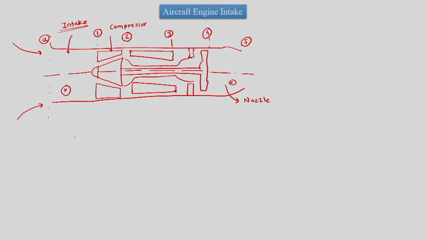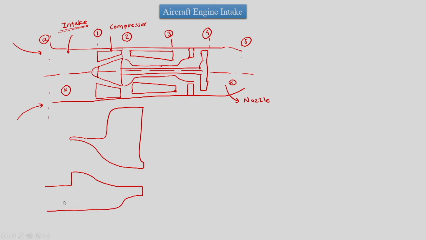Then there are different types of intakes. We can have an intake which is like an S bend. This is also termed a buried intake, and in this intake we will have the engine buried inside the intake passage.